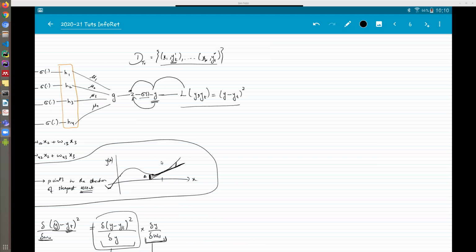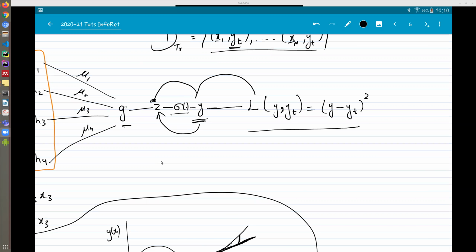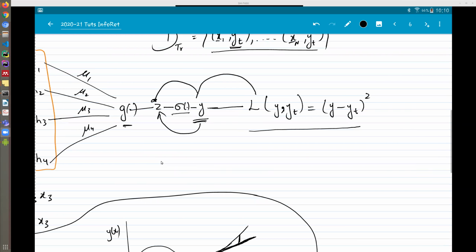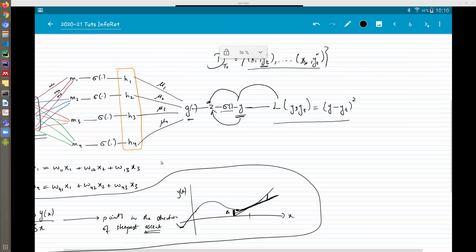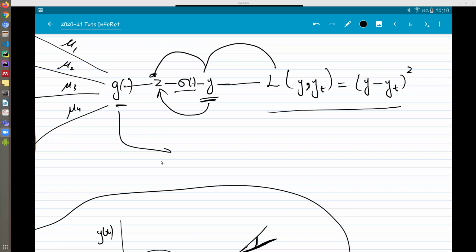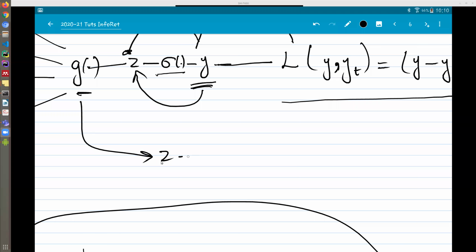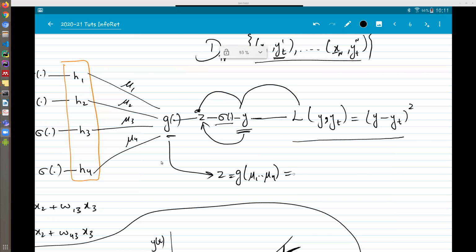As we can see, this z is equal to g of all these mu's. In fact, we can explicitly write this if you want: z is equal to g of mu1 to mu4, which is equal to h1 mu1 plus and so on plus h4 mu4. This is z.